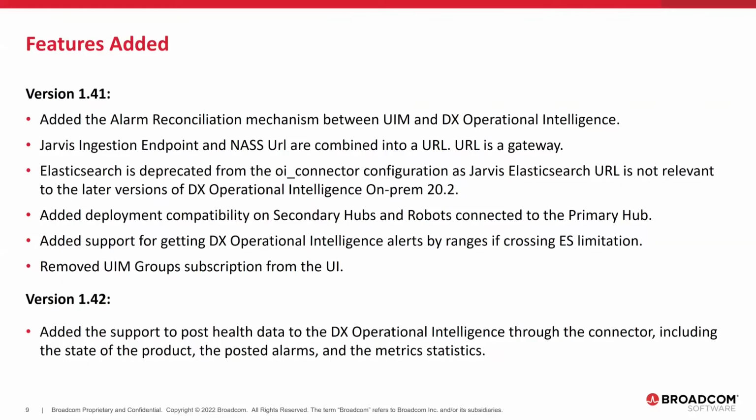But in most customer scenarios, the Elasticsearch URL is not accessible because we don't expose Elasticsearch to the outside world. It's only accessible within our GCP environment, or within the SaaS environment. So this check was available, but it mostly worked for on-prem OI versions.